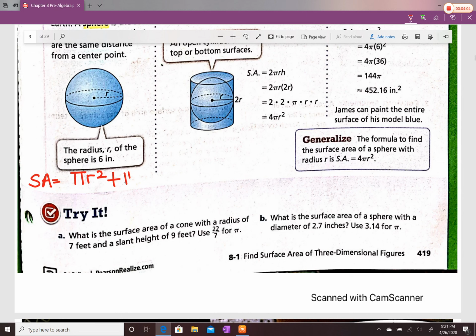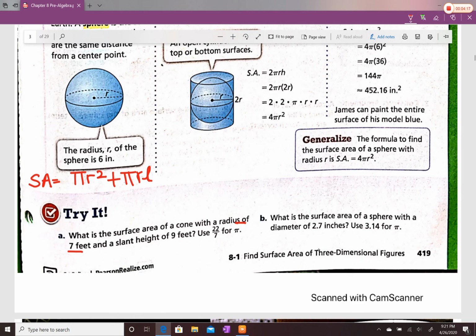So make sure you do that. They told us the radius is 7, the slant height, that is the L, is 9, and use 22 by 7 as pi. So make sure we are using pi as 22 by 7.